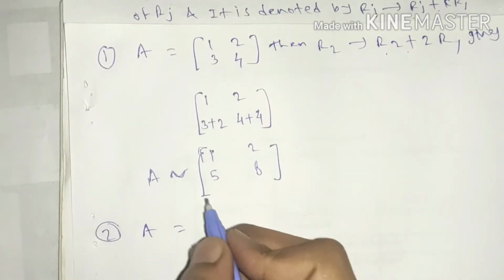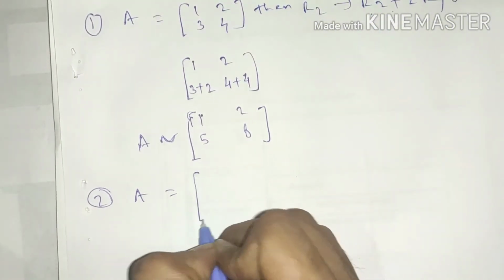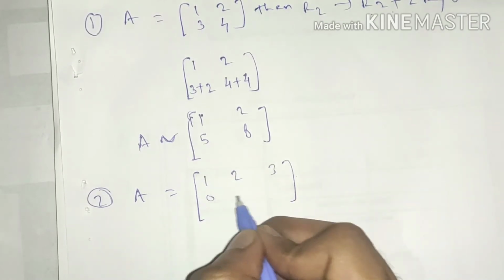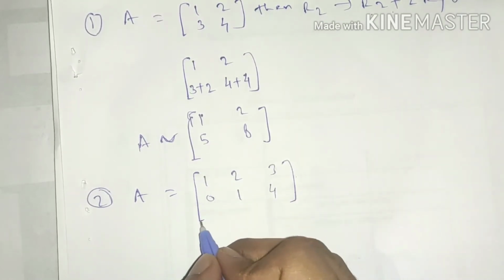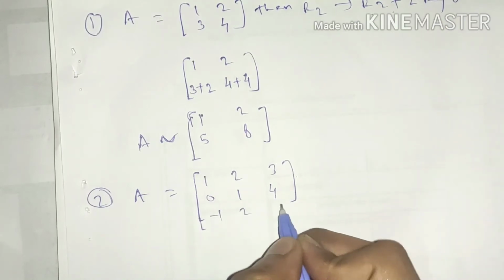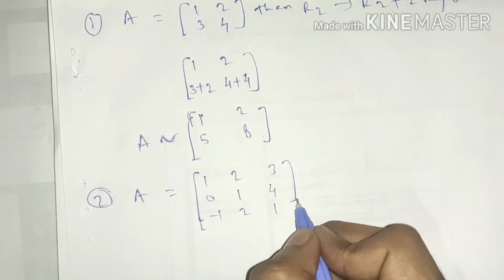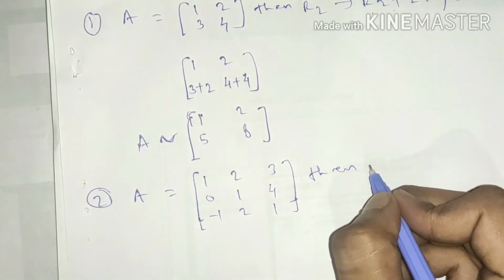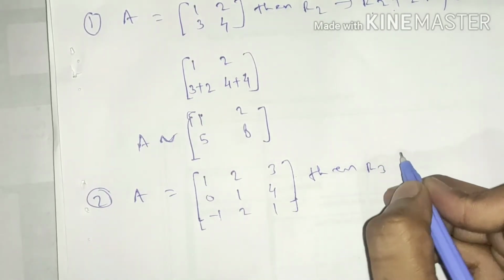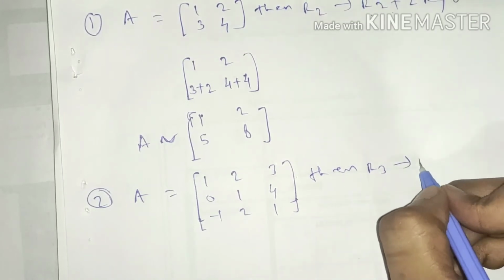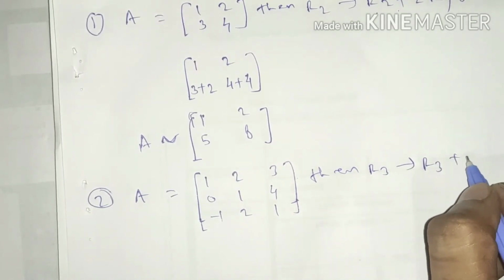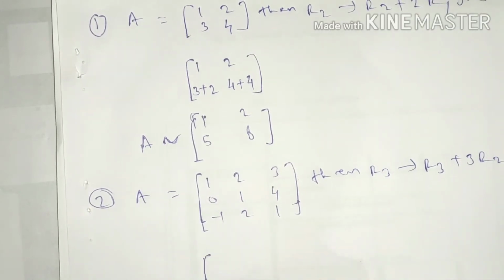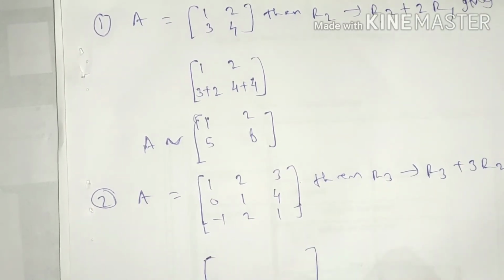A is 1 2 3 0 1 4 minus 1 2 1, then R3 changes to R3 plus 3 times R2 gives the new matrix.